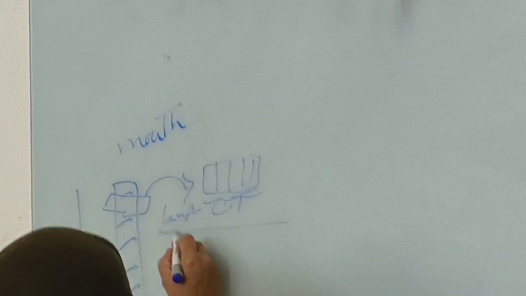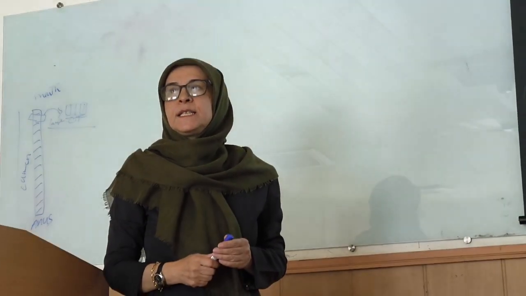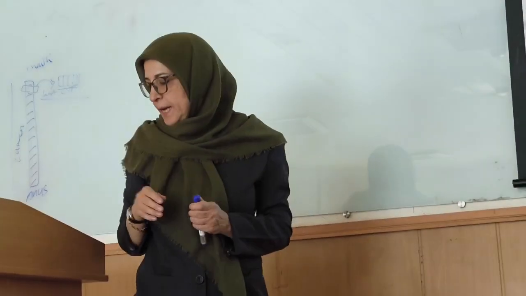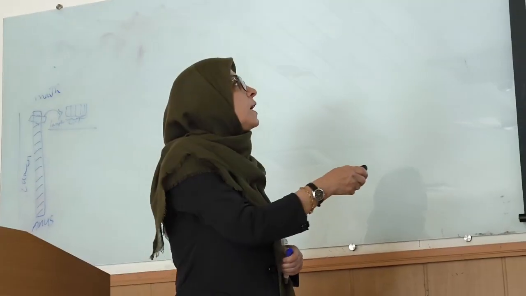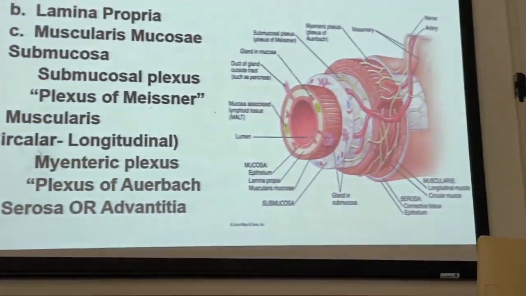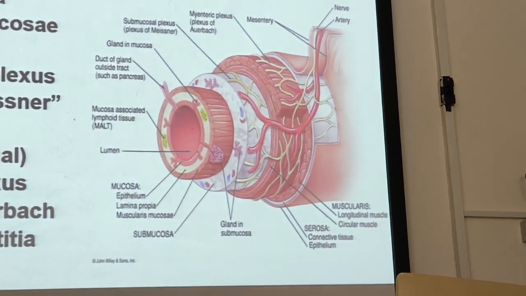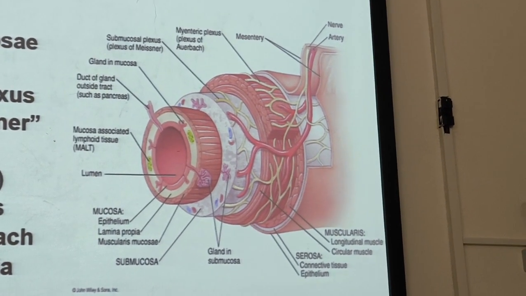And in some parts, a small smooth muscle separates the mucosal layer from the submucosal layer, named muscularis mucosa.